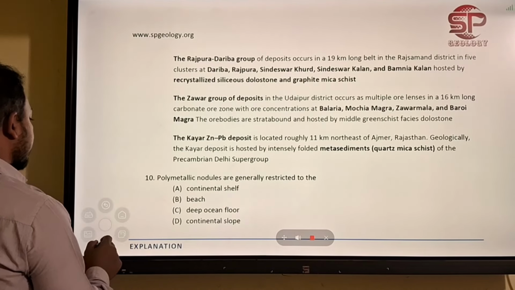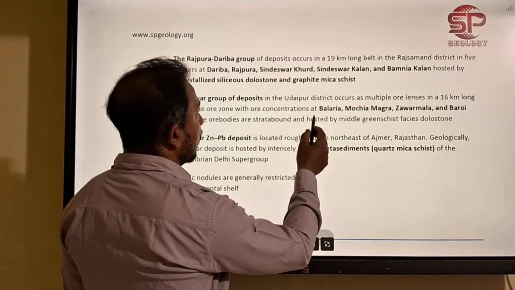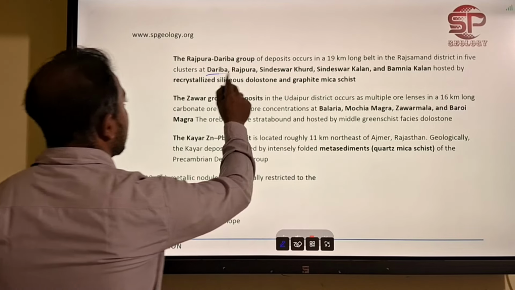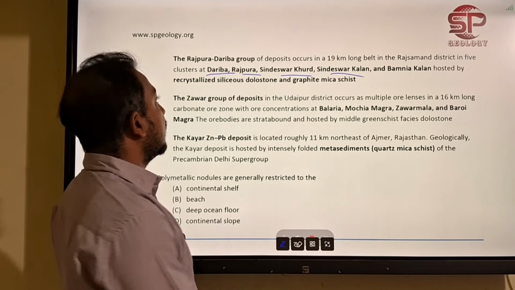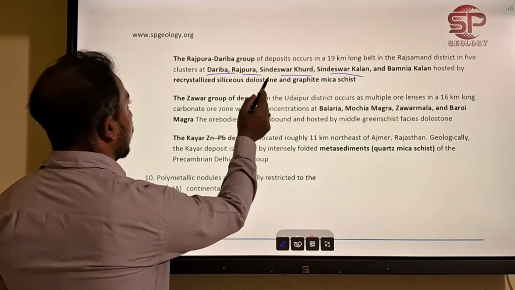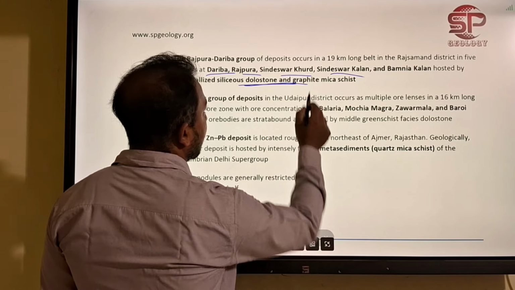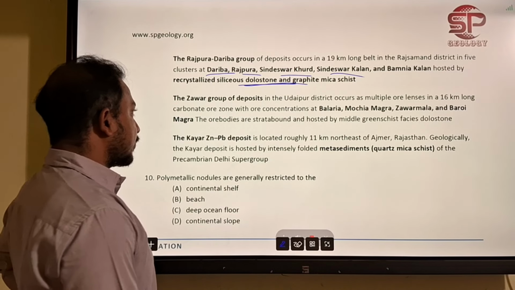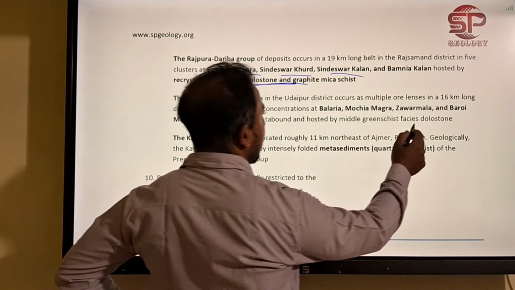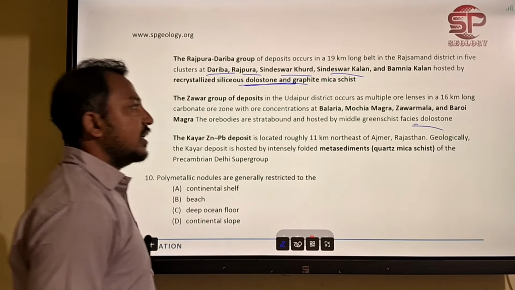Then the Rajpura Dariba deposits occur in these regions: Dariba, Rajpura, Sindesar Khurd, Bamnia Kalan. Their host rock is dolomite, and sometimes you will get graphite mica schist. The Jawar region also has dolomite as host rock.